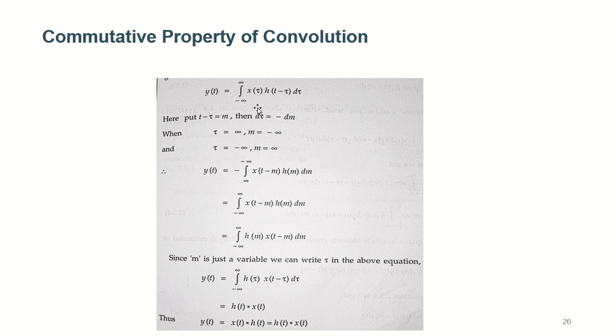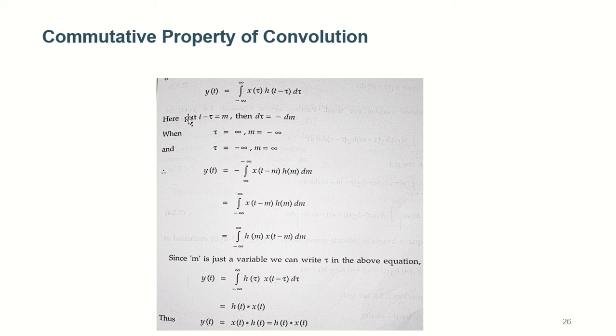Now we will do something interesting. Instead of t minus tau we will take m, and as we are taking t minus tau, of course we have to take the derivative.